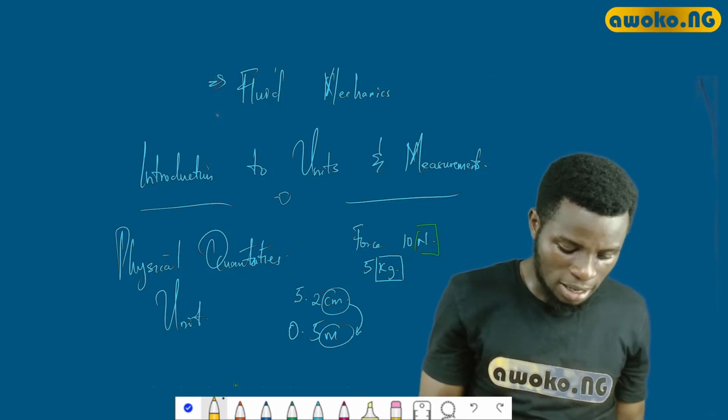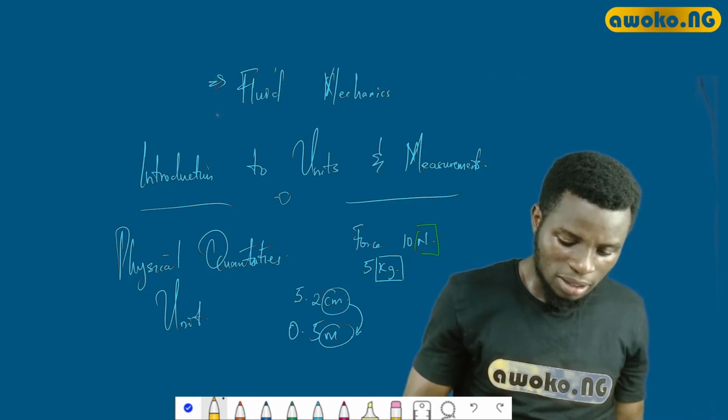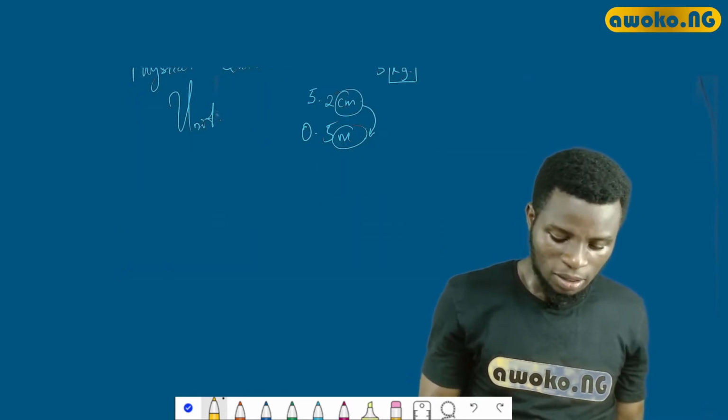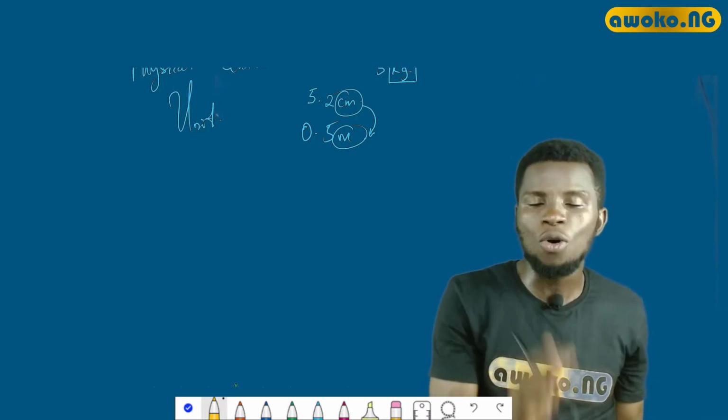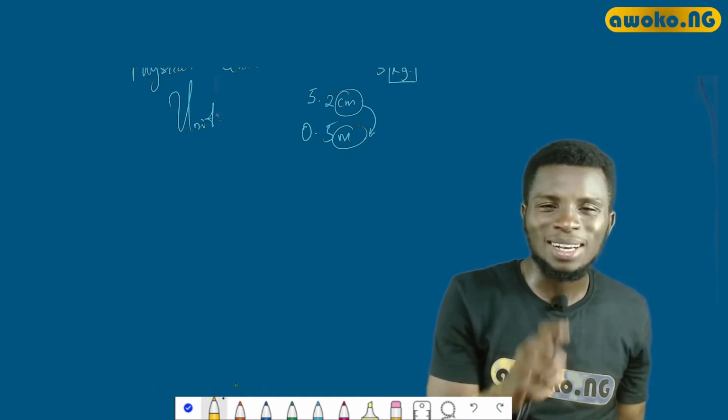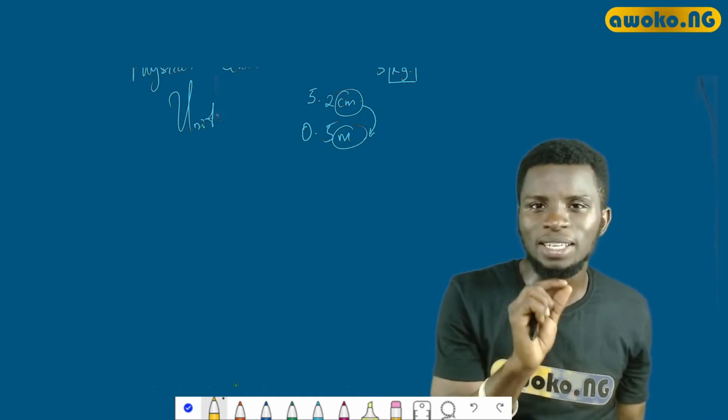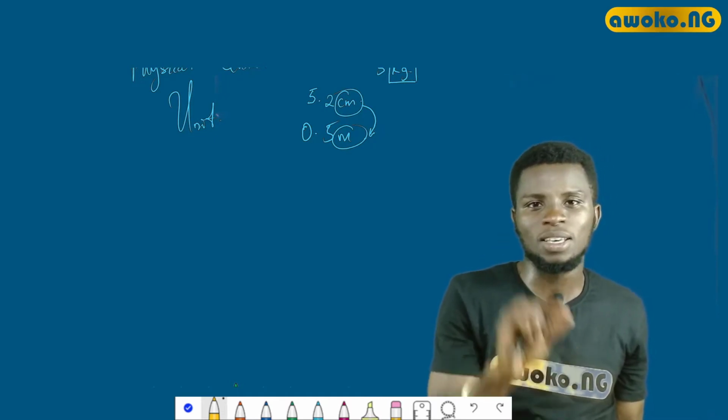Now, having said that, let us define some quantities. The quantities in the whole universe can be divided into 2 basic quantities.